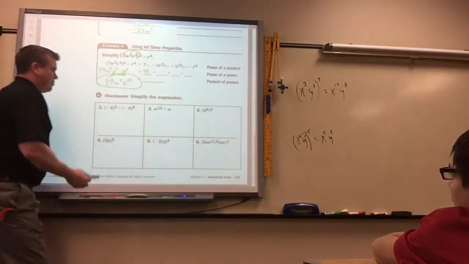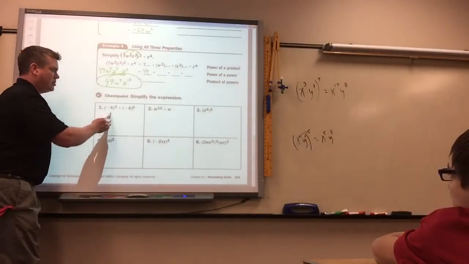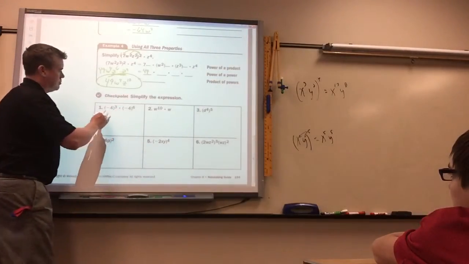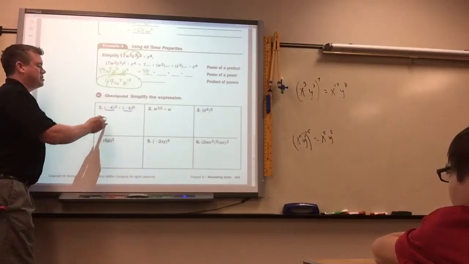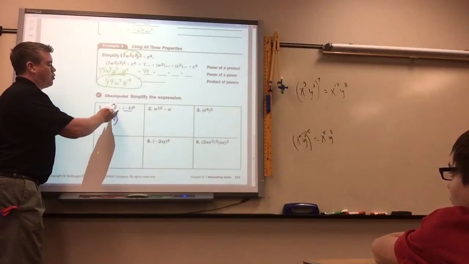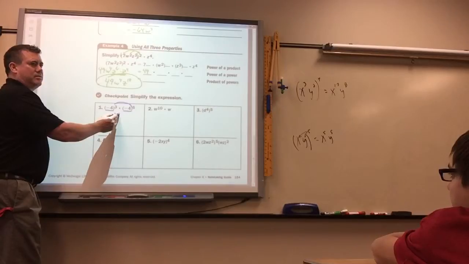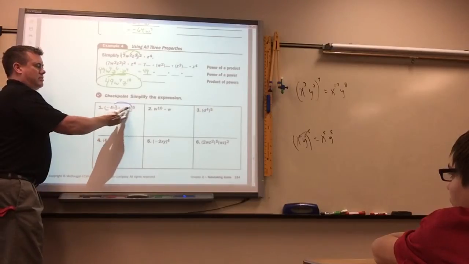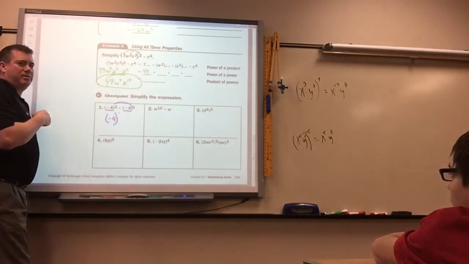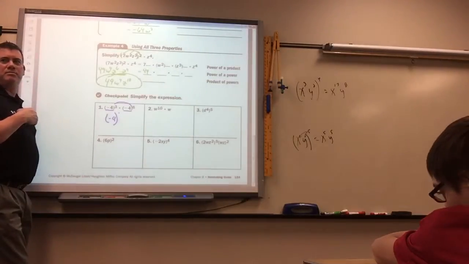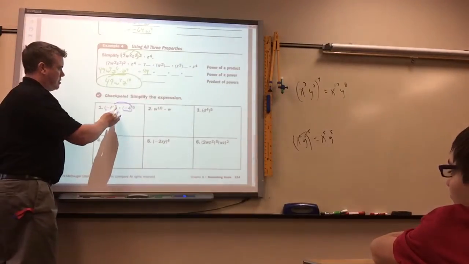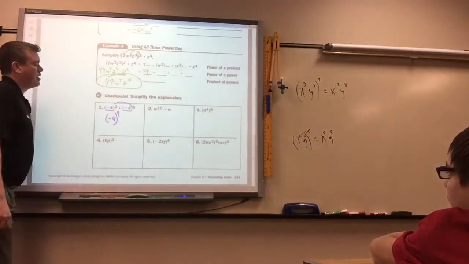So, again, here, it's the same base, so it'd be -4 to the 9th or 18th. Do you add them or do you multiply them? Add them. 3 plus 6 is 9.